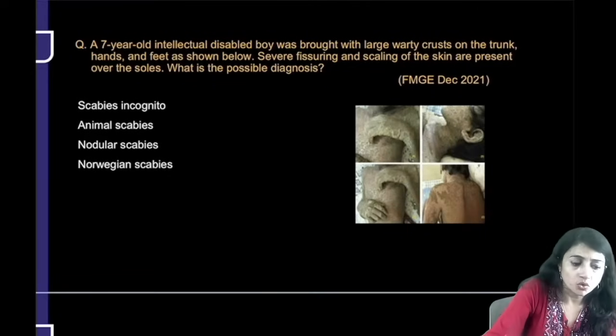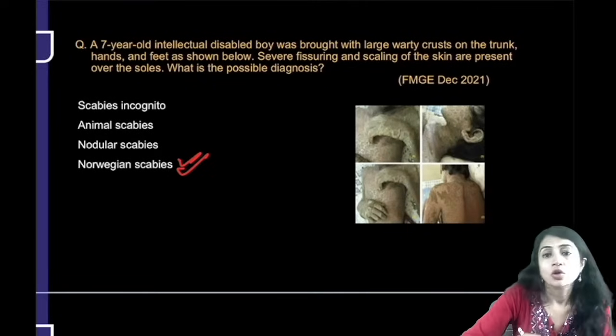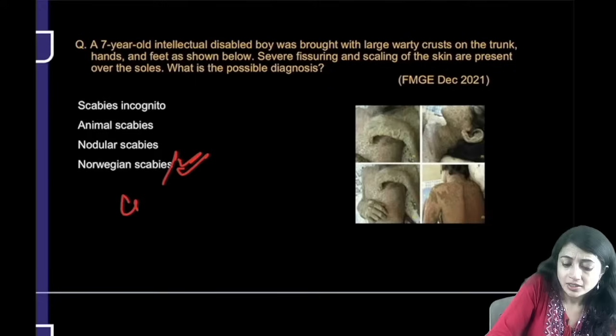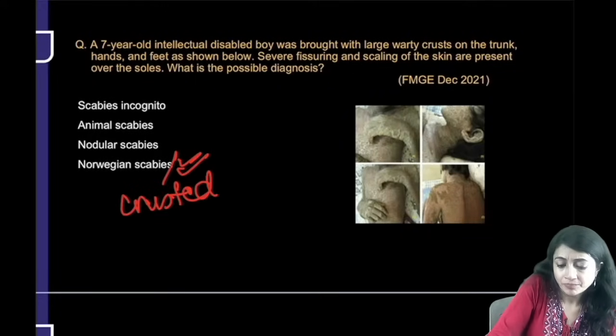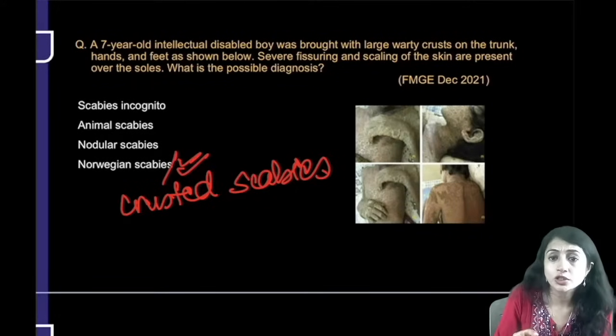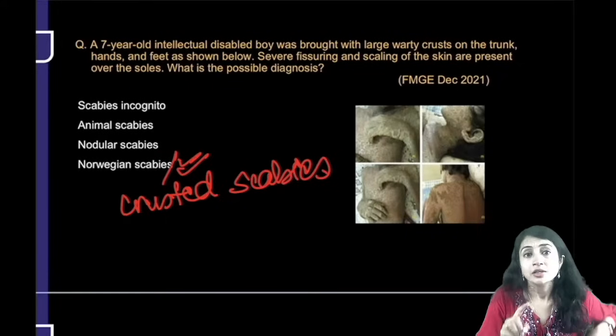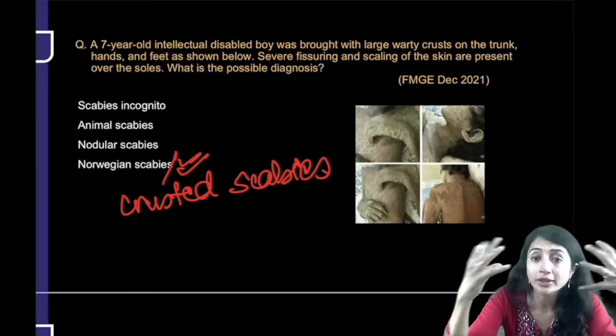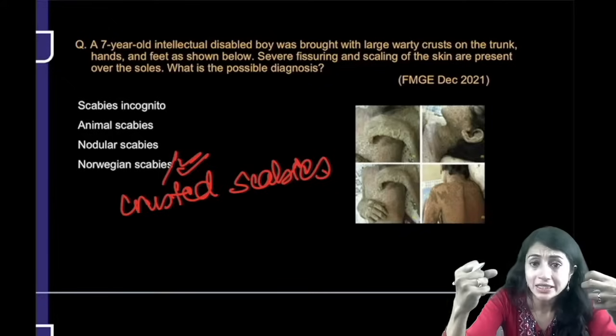Yes, this is Norwegian scabies, also called crusted scabies. This is the most severe form of scabies, and I see it in individuals who are mentally disabled. Why is that? Because these children do not have an itch response, so they do not itch.